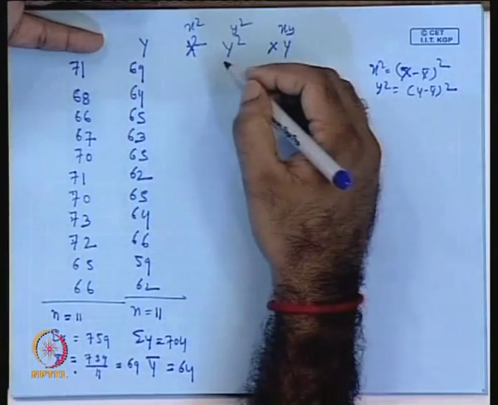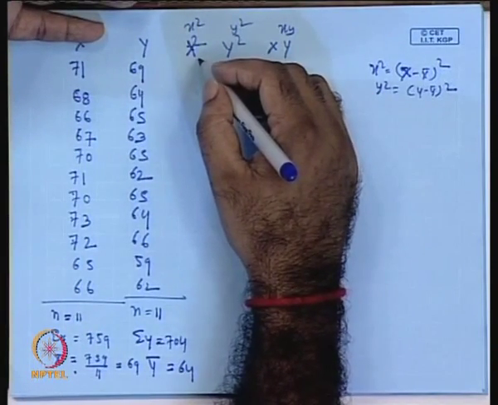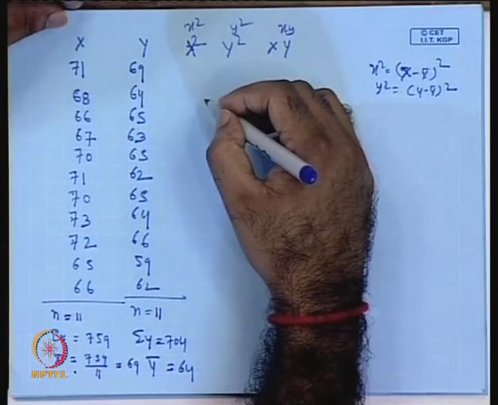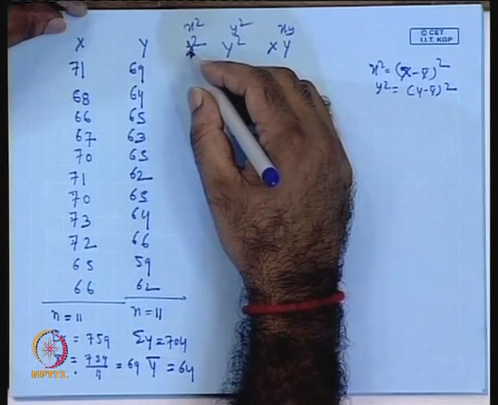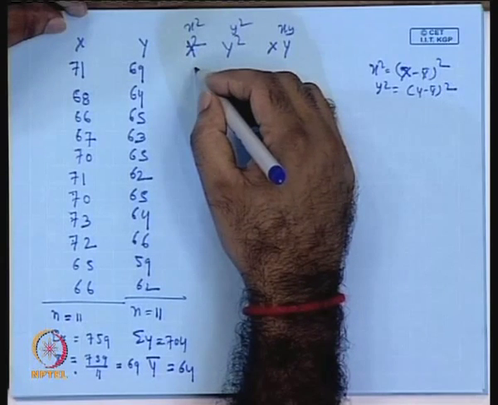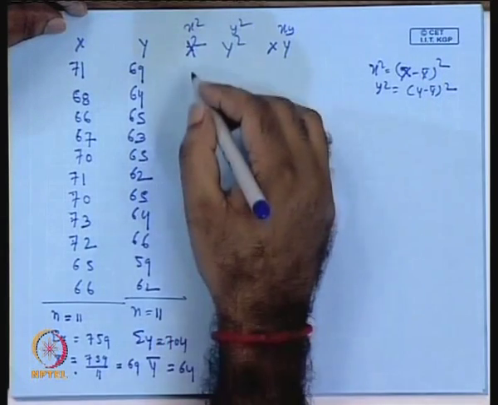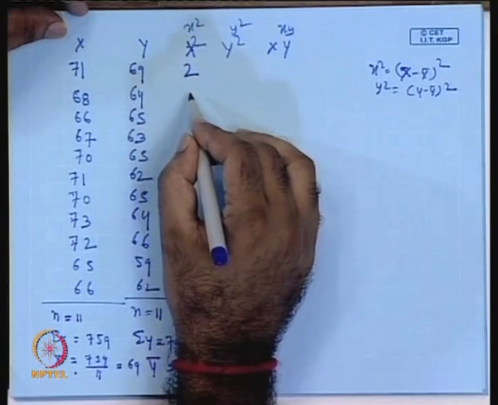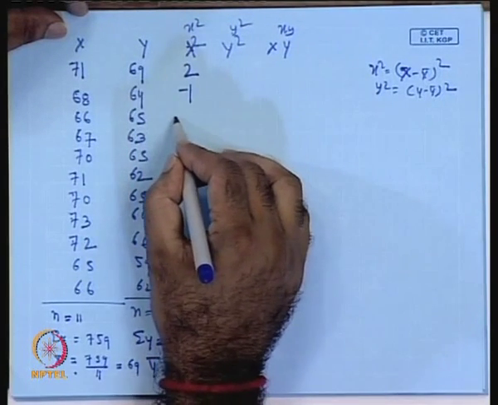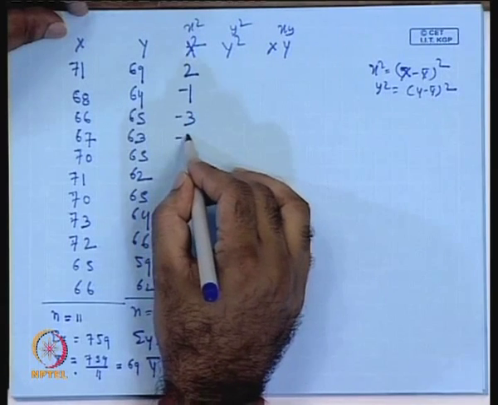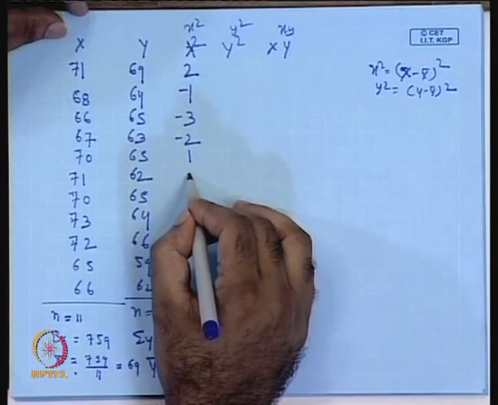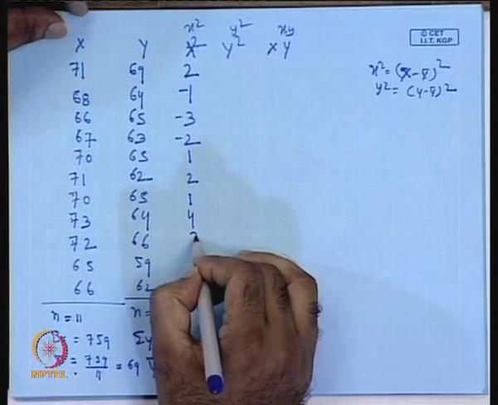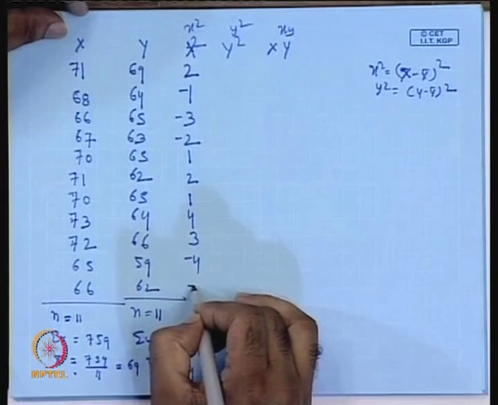So now if we transform it, every item has to be transformed into x minus x bar. That means for the first case it should be x minus 69. So now if we transform, this structure will come to minus 1, minus 3, minus 2, then 1, 2, 1, 4, 3, minus 4, minus 3.